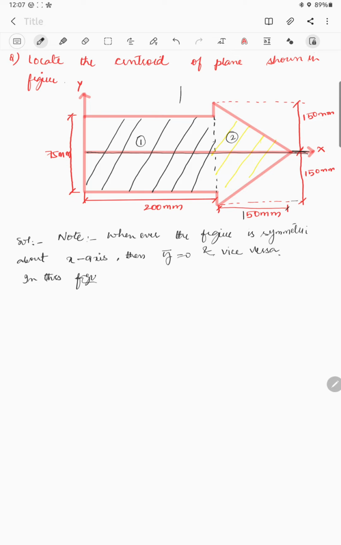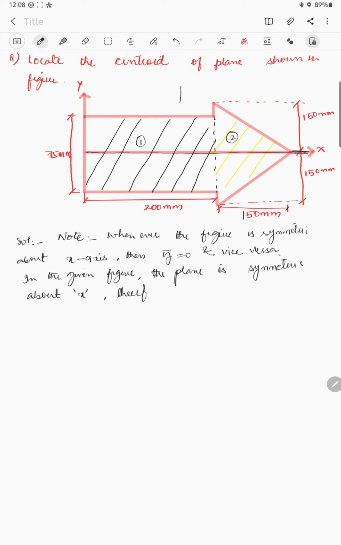So in the given figure, we'll write: the given figure, the plane is symmetric about the x-axis.